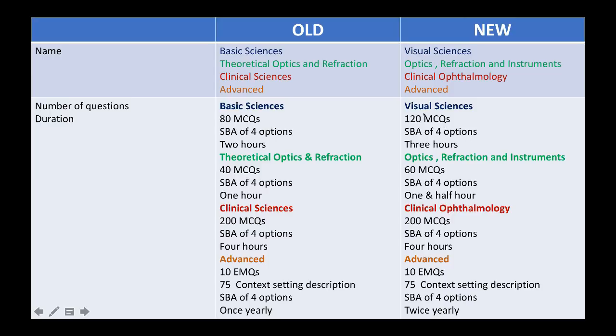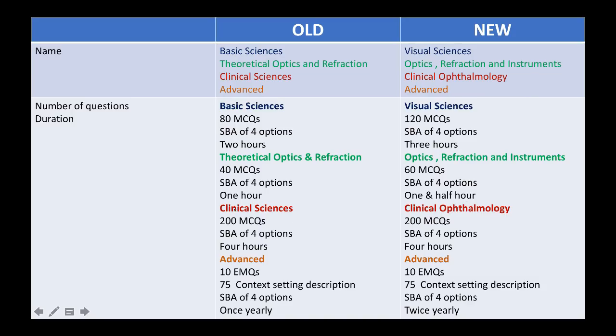So 40 questions have been added, with an extension of one more hour over the previous exam. The theoretical optics and refraction has also changed. The number of questions has increased from 40 to 60. It's also single best answer of 4 options, and the duration of the exam has increased from 1 hour to 1.5 hours.